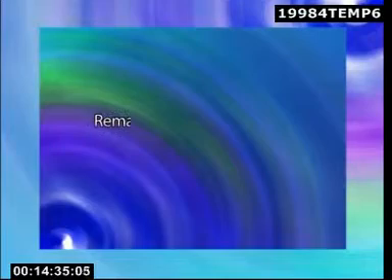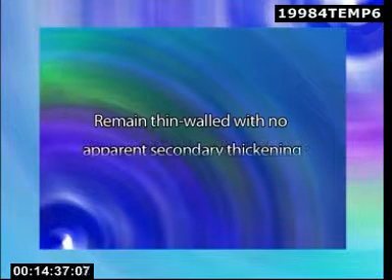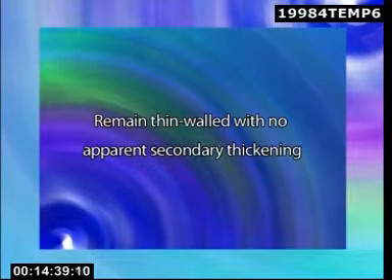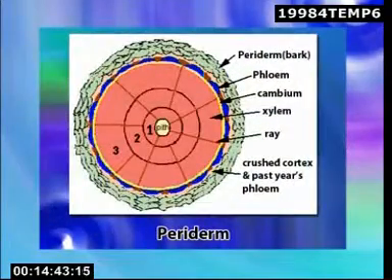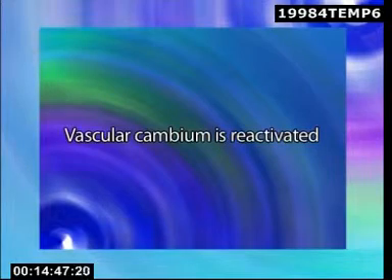The secondary phloem consists of sieve cells, phloem parenchyma, including albuminous cells, and rays. Mature sieve elements vary in shape from extremely tapered to blunt ends. They remain thin-walled with no apparent secondary thickening. Now, periderm. The annual periderm arises in spring at the same time as the vascular cambium is reactivated.